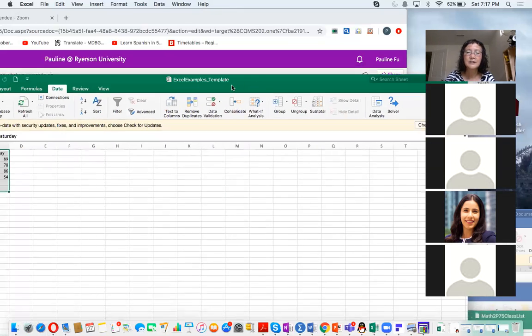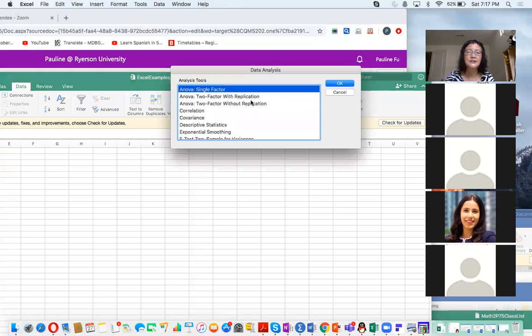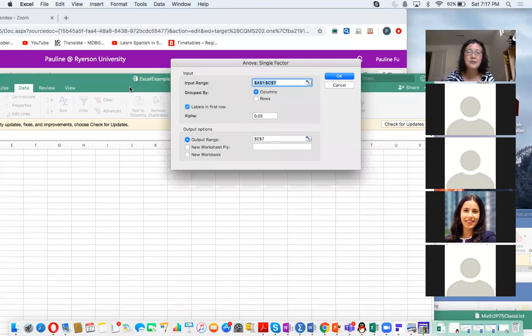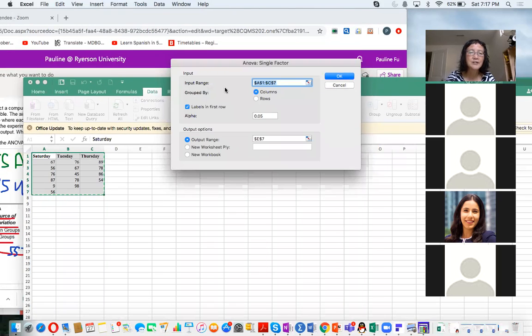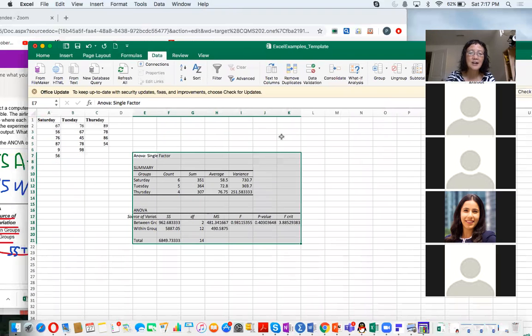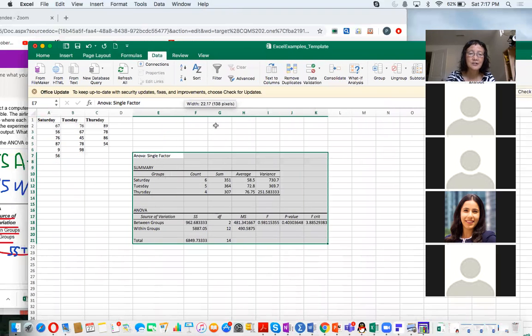And then I go to Data Analysis, ANOVA. The data range A1 to C7 is correct. Everything is fine. Perfect. See, this is the result. You are going to have similar results from your calculator.